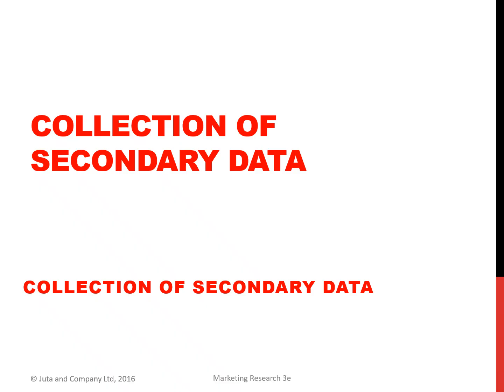And secondary data is really data which we don't collect ourselves, and it's research that somebody else has done, or it is data that we can access without expressly setting out to collect that data. So it could be from other sources. So it's quite a broad term, secondary data.